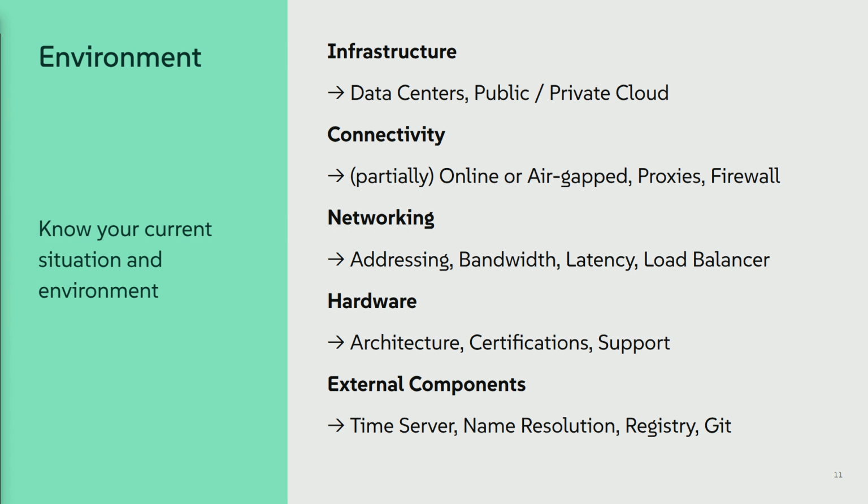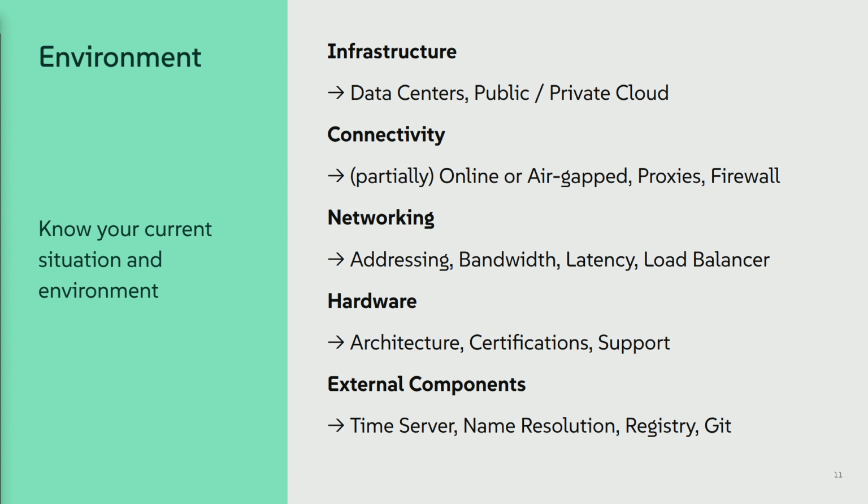So we need to think about how to deal with these different scenarios, and that's why we need to understand what connectivity situation we are in and what the way of communication is. Do we have proxies, firewalls, etc. in between that we need to take care of as well?